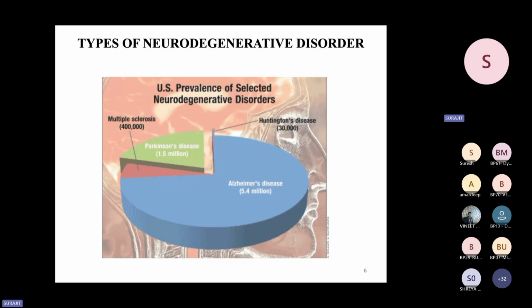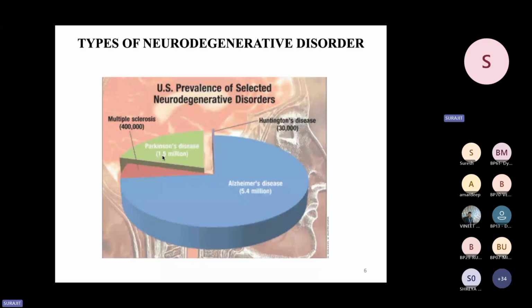This study was done in 2019 on US prevalence of selected neurological disorders. And as in the previous case, we found that Parkinson disease is the second most common neurodegenerative disorder among all others, after Alzheimer disease. According to the US study, its prevalence is 1.5 million people.